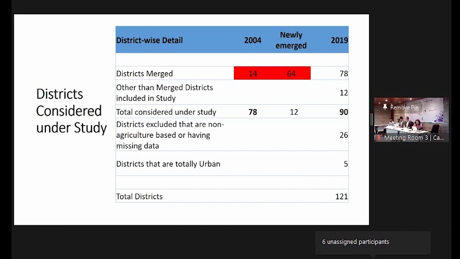The time period that we are taking in our study is from 2004 to 2019, so for the purpose of homogeneity of the analysis, we took those districts which are there in 2004 and also in 2019. That count is 78. The rest of the districts are not considered. Some are purely urban, some don't have agriculture, or there are some data limitations as well. So our analysis will revolve around 78 districts.